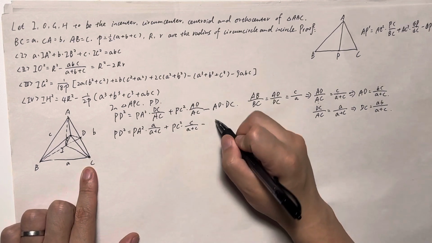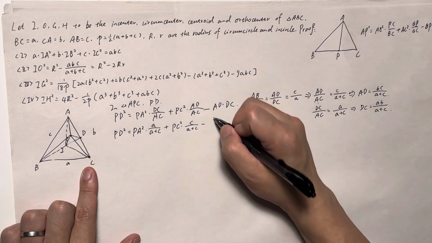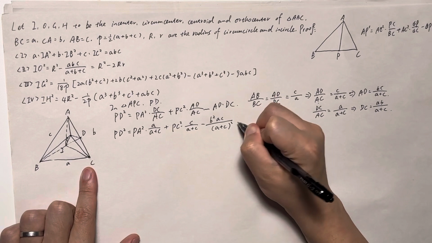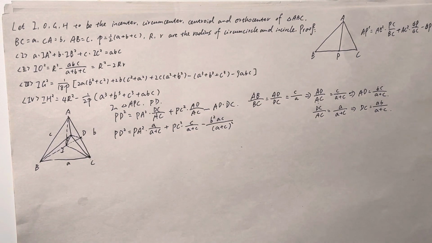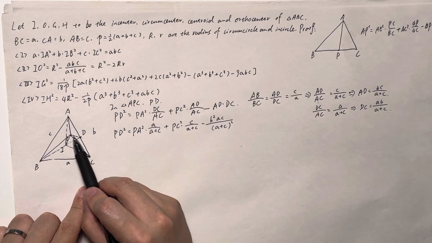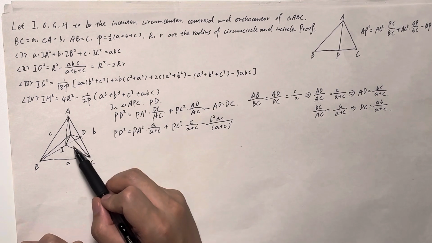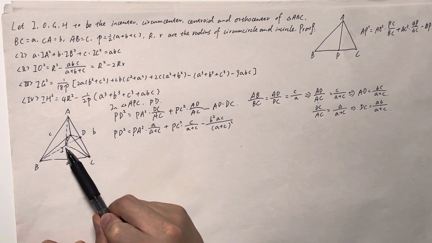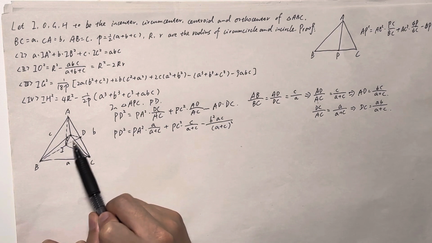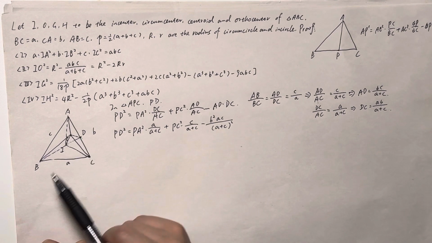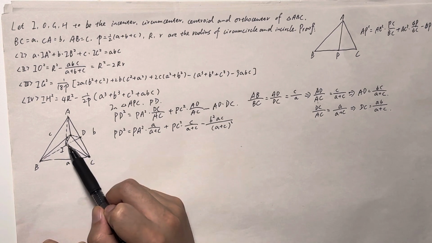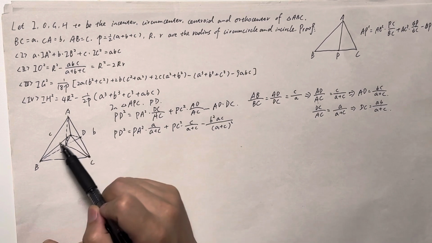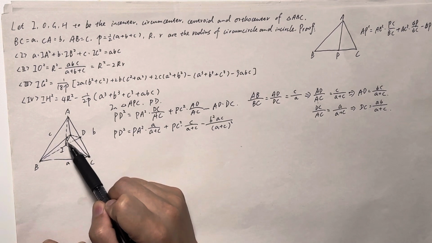AD is this one and DC is this one, so we get b squared ac divided by a plus c squared. Now we know PD squared, and we want to know ID and BI, because if we know the ratio of ID to BI, then we know the ratio of BI to BD, then we can calculate PI, right?